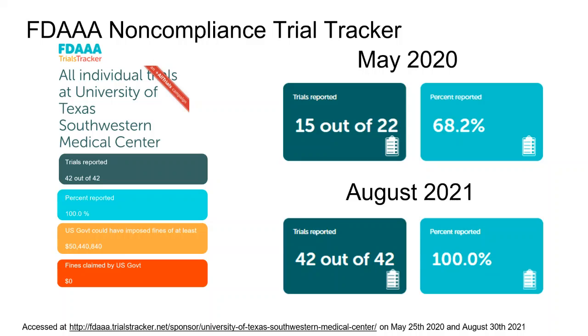And in August too, we were able to maintain this 100% compliance. Again, it is important to note that this 100% compliance is for FDA-regulated applicable clinical trial results only and does not include NIH-funded trials that are not applicable clinical trials or trials that are voluntarily registered.